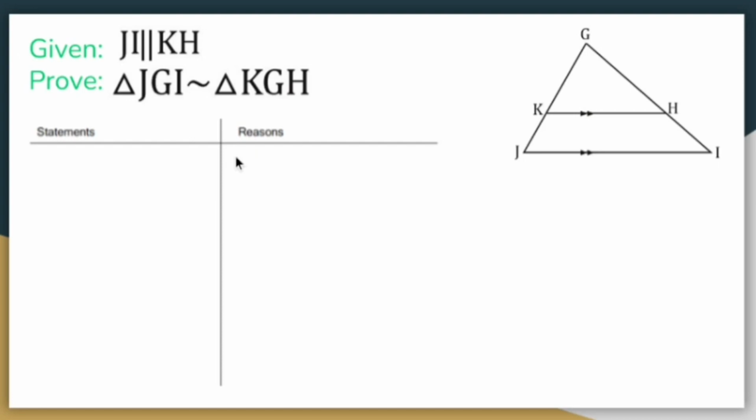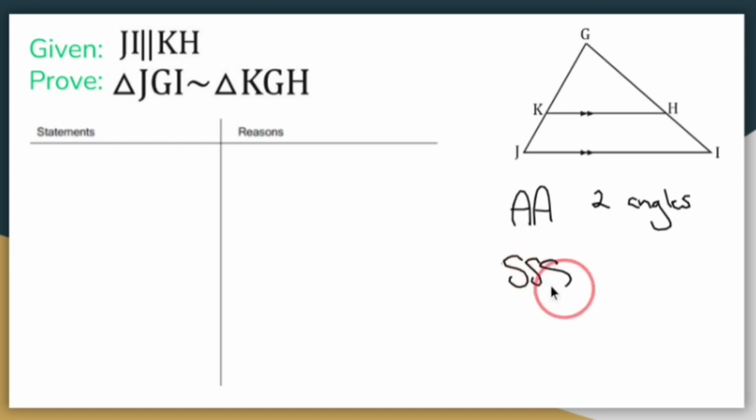And there's three theorems that we use for this. AA means if I could show that two angles are exactly the same, then I have myself similar triangles. And if you're like, why not the third angle? Because if you could show that two angles are the same, then the third angle is going to automatically be the same. Another one is SSS. You might be thinking, isn't that a congruency one? Yes, it is. But what we're talking about here is ratios.